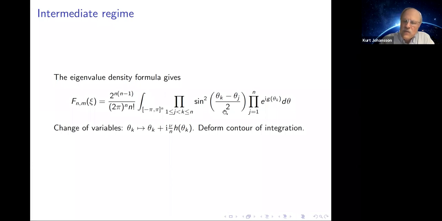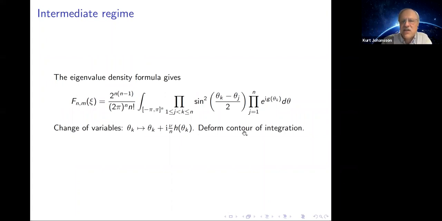What you see when you write it this way is that this integral is actually an analytic function in all the variables. Right? So it means that you can do contour deformations here now. So I can do the following. I change variables, so I do a deformation of the contour of integration into the complex plane. Right?